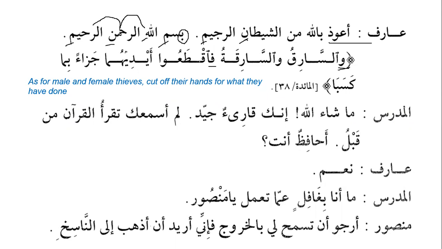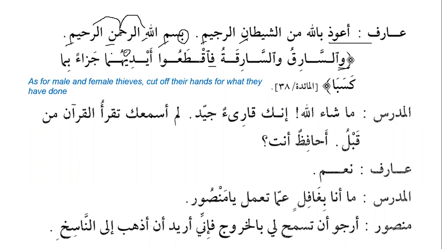Aydiyahuma. Why does ya have fatha? Excellent. The word aydin is the plural of yadun. So aydin, aydiyan. Manqus also, no? This is ismul manqus, and whenever it is mansub, it will take fatha.